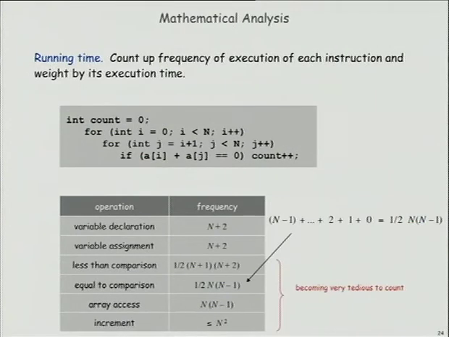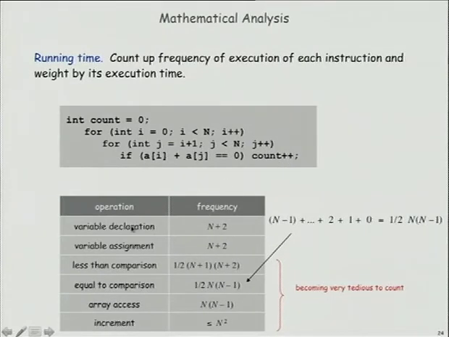Let's do another example. In this case, I have an array, and I want to check if 2 elements in the array sum to 0. So it's not the 3-sum problem; you could say this is the 2-sum problem. I go through all the elements in the array, and then through all the elements in the rest of the array, although I start one element after i, and if those 2 elements add up to 0, I increment count.